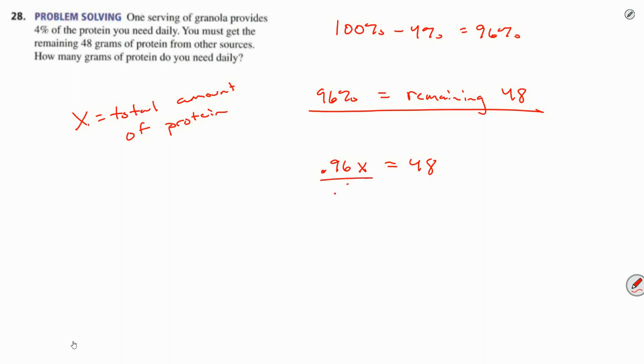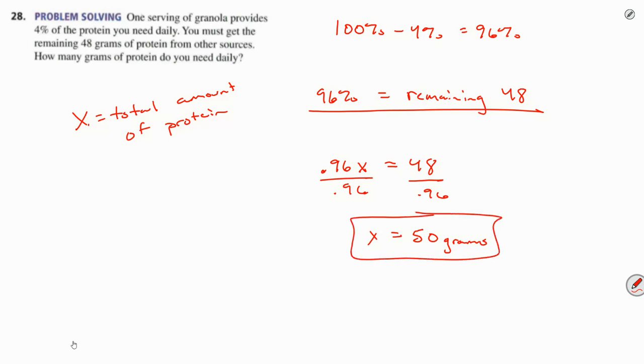So then when we divide both sides by 96, it seems like the answer is 50 grams. I'm sure I'm setting that one up wrong because this question's from a section with variables on both sides, and I just did it without doing it on both sides, but we'll see.